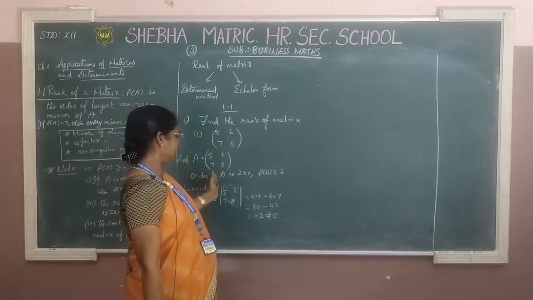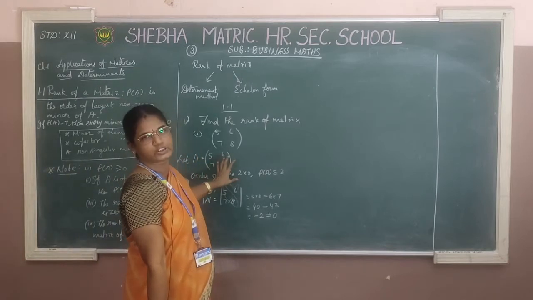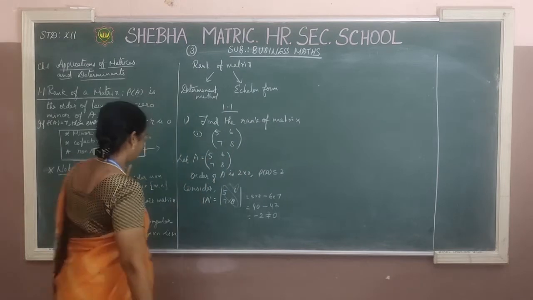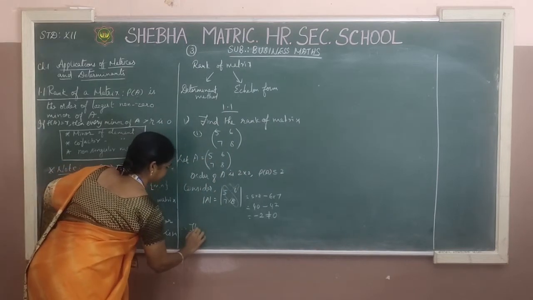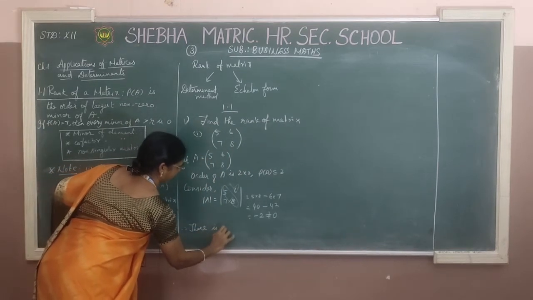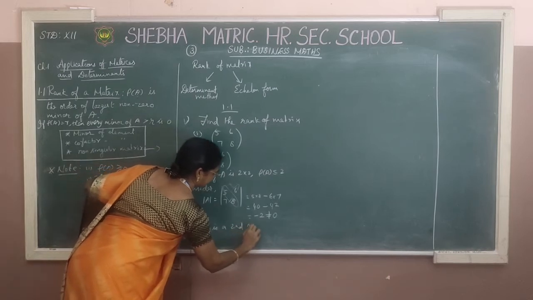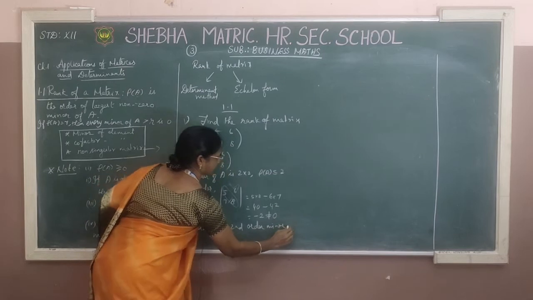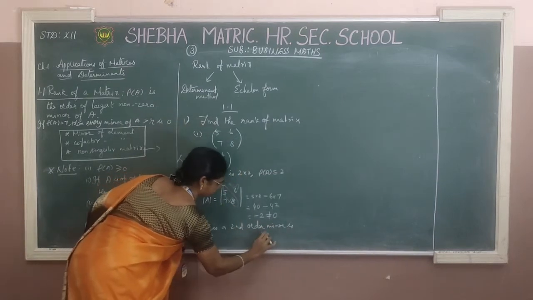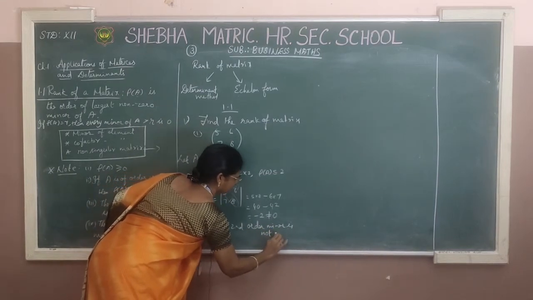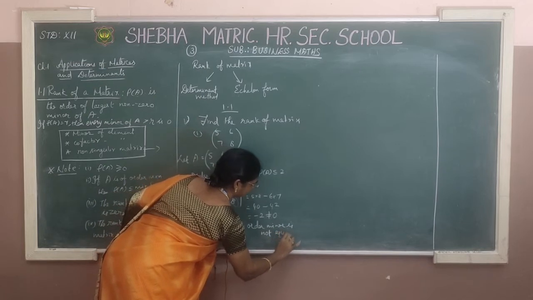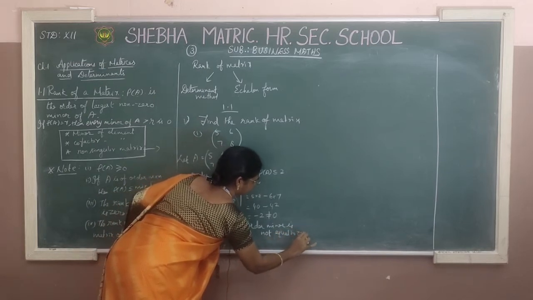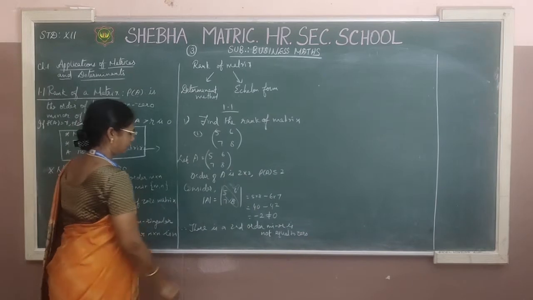Therefore, there is a minor which is not equal to 0 of order 2. Therefore, there is a second order minor not equal to 0.